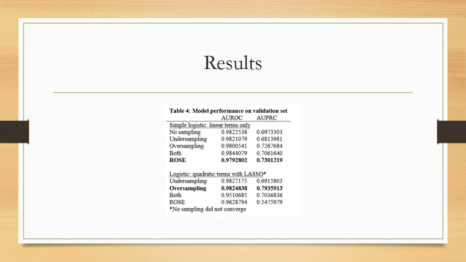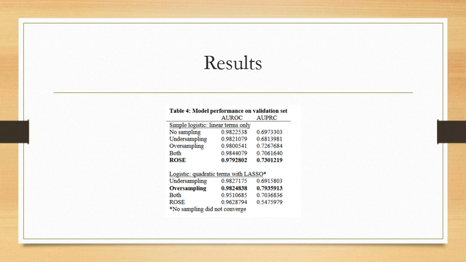When you look at the results after implementing all the methods that we talked about, we see that when Aaron used simple logistic regression with linear terms only, the ROSE function performs better than any other method there.